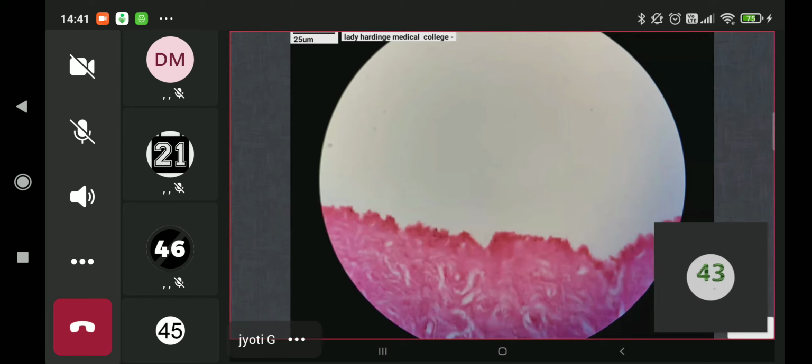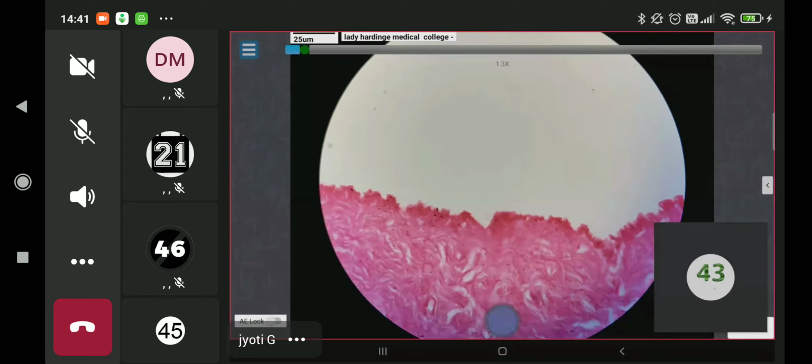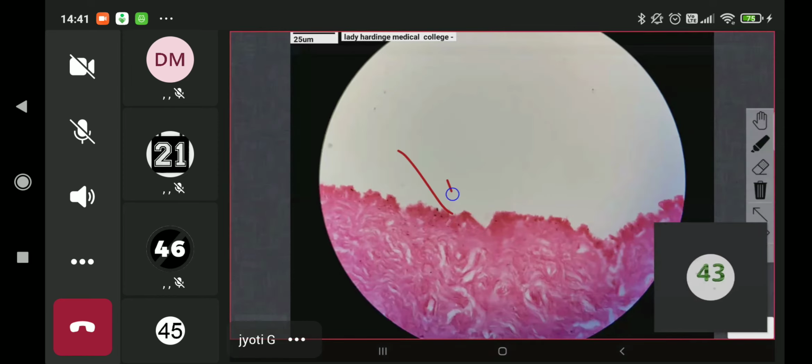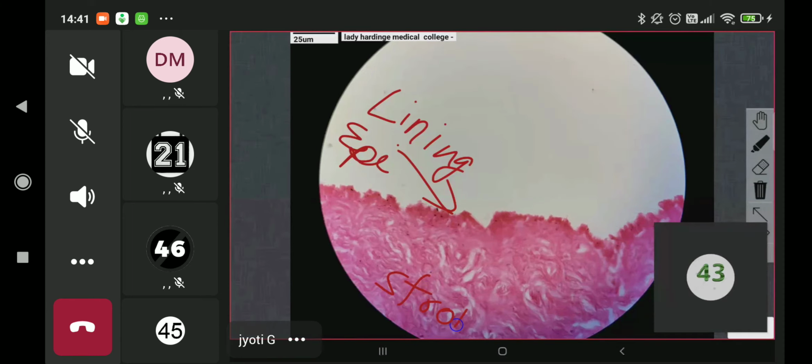Yes, can you see this is the lining epithelium? This is the stroma and it is limited to the surface. There is no invasion and there is no very florid proliferation also. It is just a very simple cyst which is lined by a single layer of tubal type of epithelium.